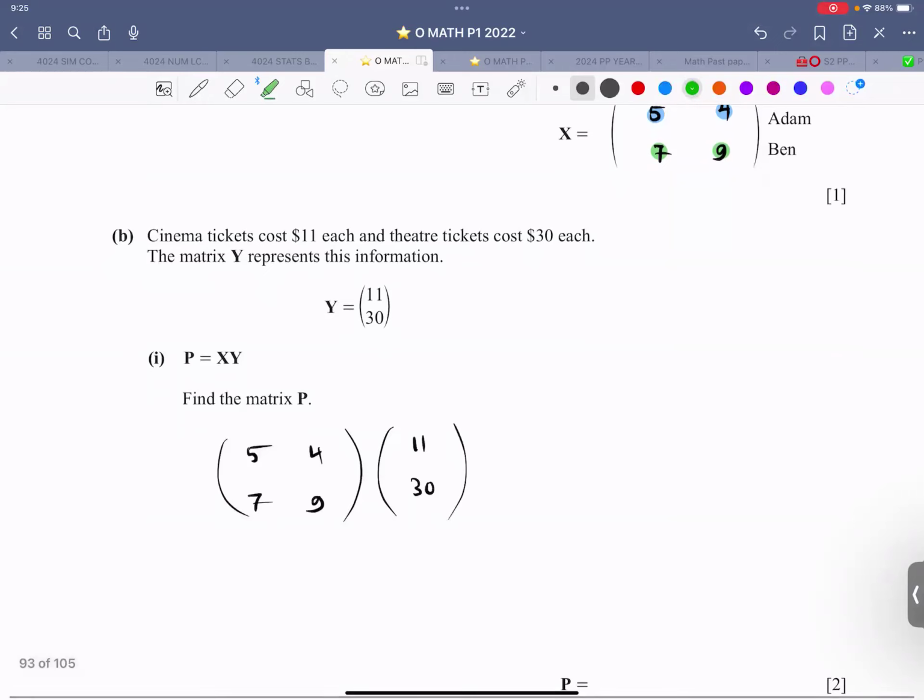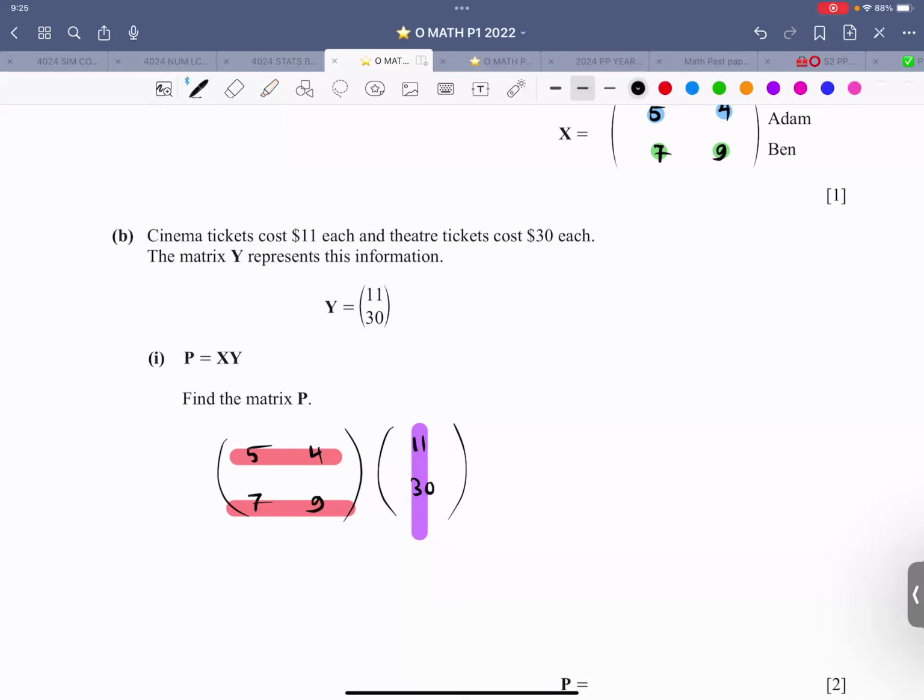Now, the rule for multiplication is we choose a row and then a column like this. And then we move to the other row and then the column, something like this.